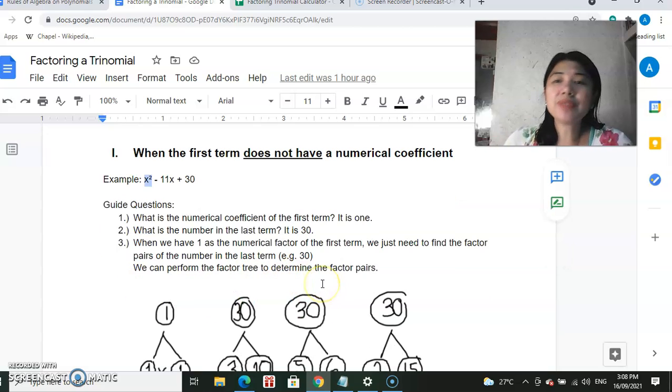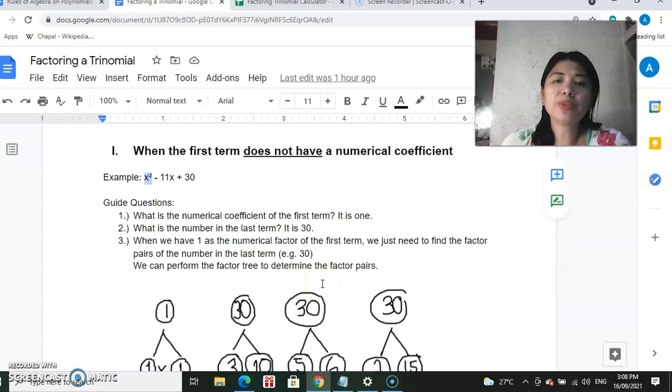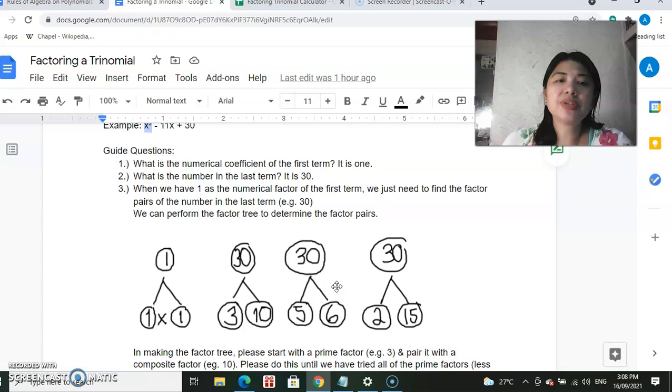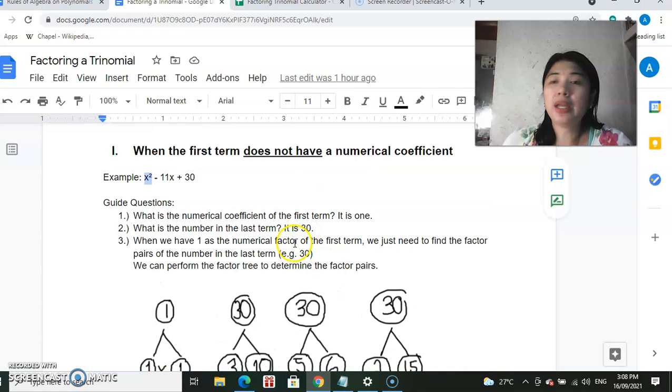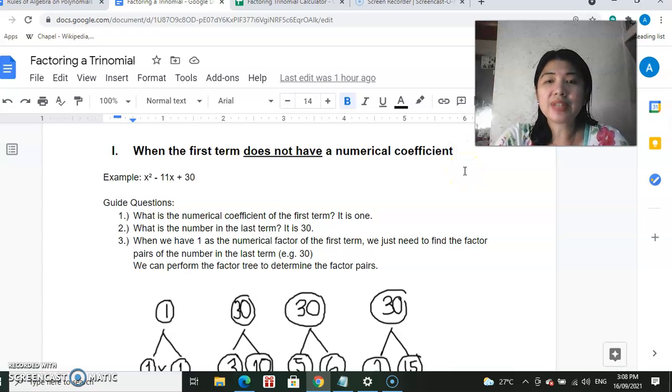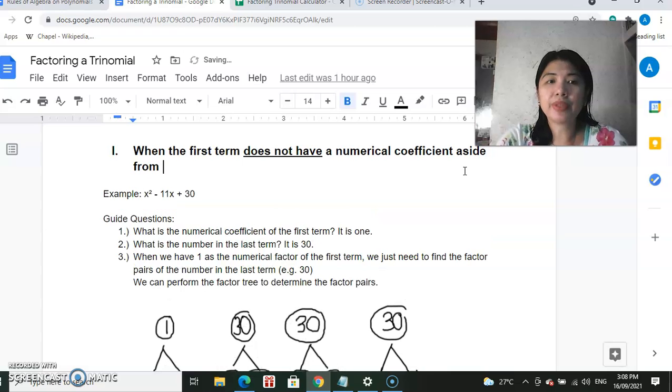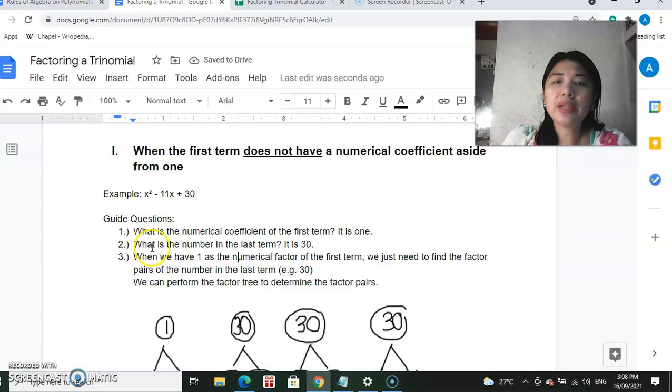I have some guide questions here. What is the numerical coefficient of the first term? It is 1. Does not have a numerical coefficient aside from 1.